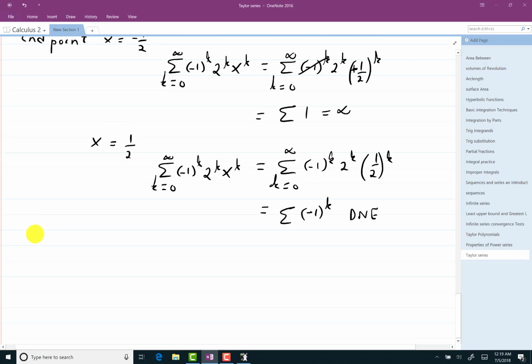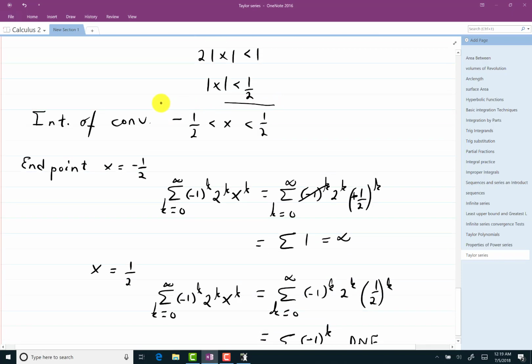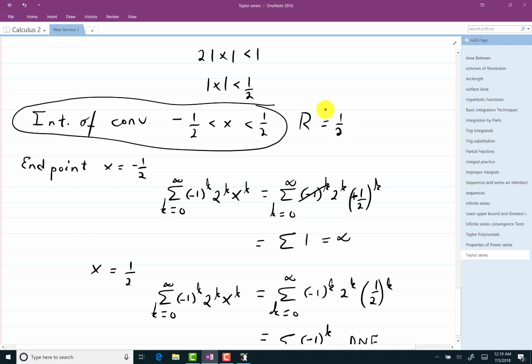So I did have the interval of convergence already done. And r is 1/2. The radius is 1/2. So you see, there's nothing different than what I was doing with Taylor polynomials. Absolutely nothing. These tests you've seen before, so nothing should surprise you.